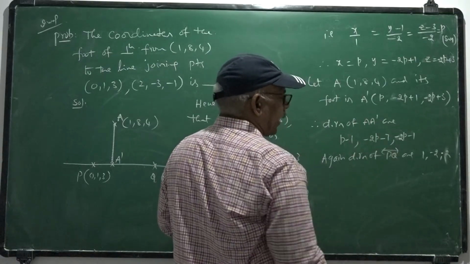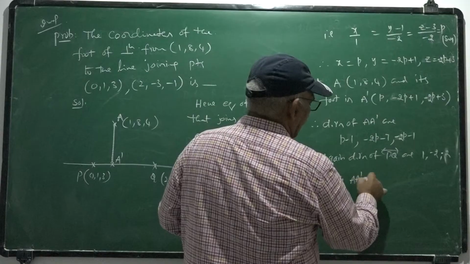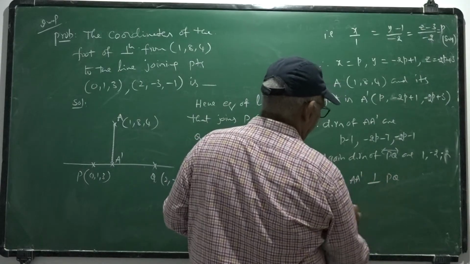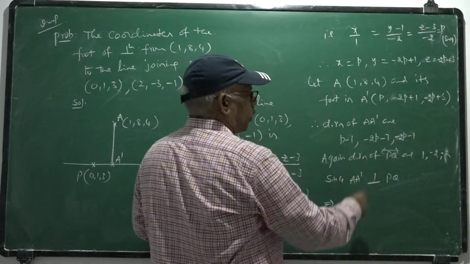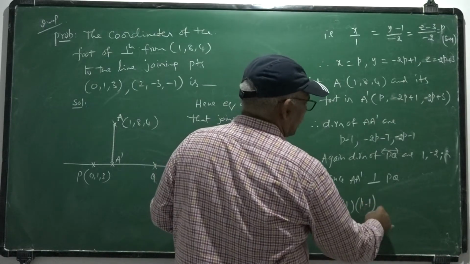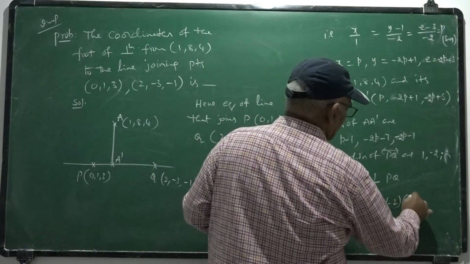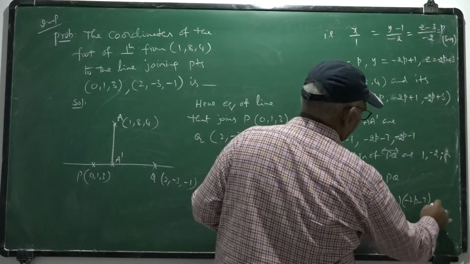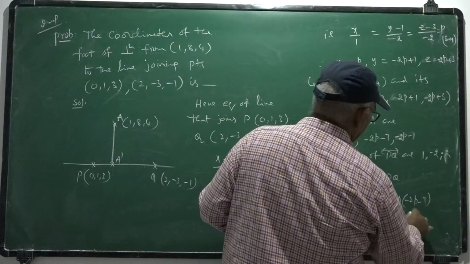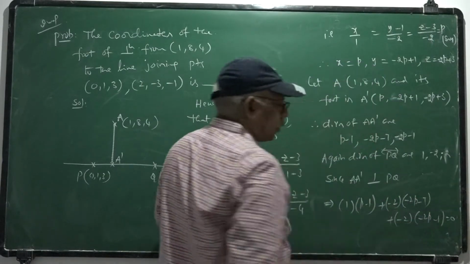Since AA dash is perpendicular to PQ, the sum of the products of these sets of DRs must be equal to 0. So (P - 1) - 2(-2P - 7) - 2(-2P - 1) = 0.